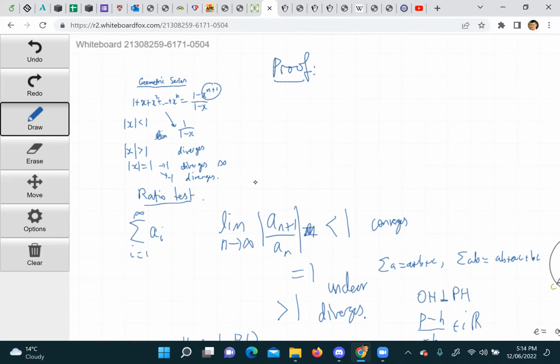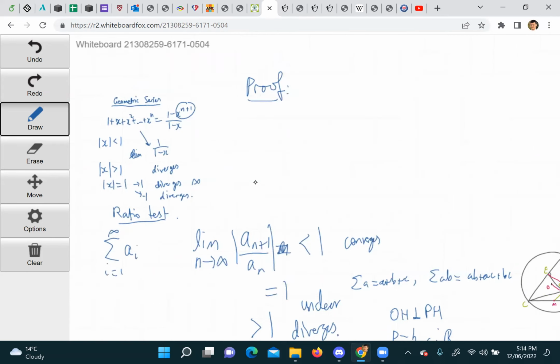So if the limit is less than 1, then if n is large enough, you can get close to that number, right?